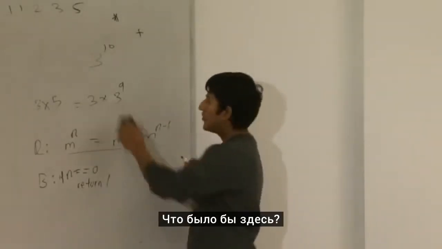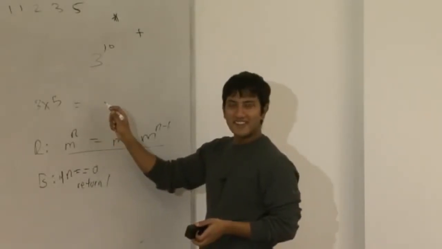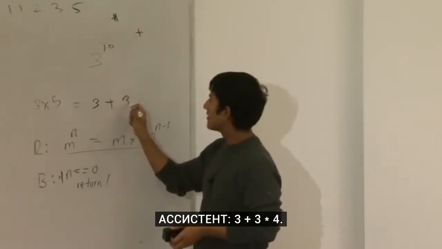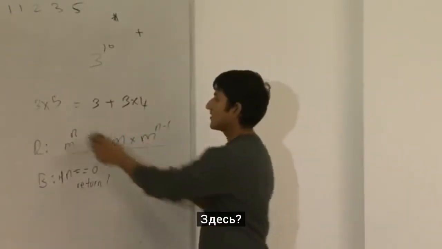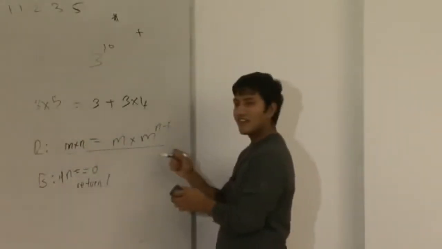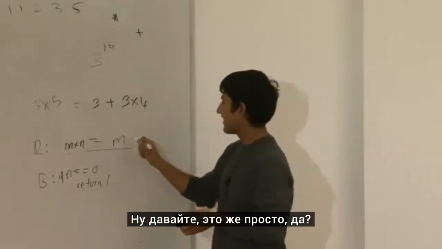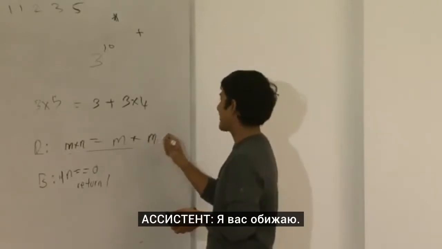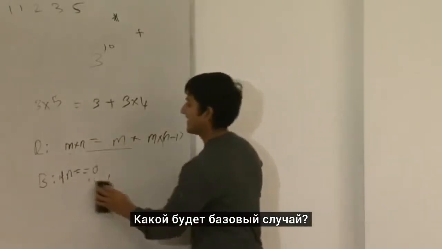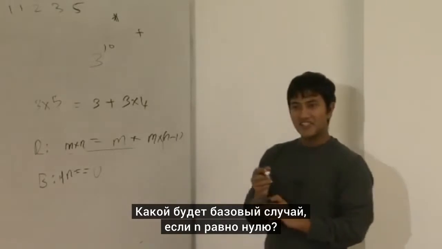Tell me. 3 plus 3 times 4. Come on. Okay, it's simple, right? I'm insulting you. Okay. What's the base case? That is interesting. What is the base case? If n is equal to 0.